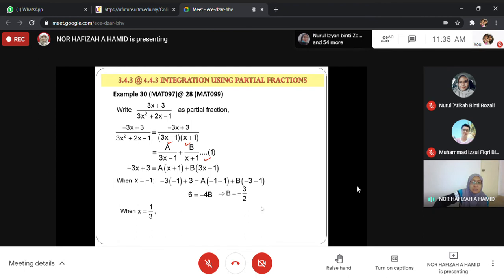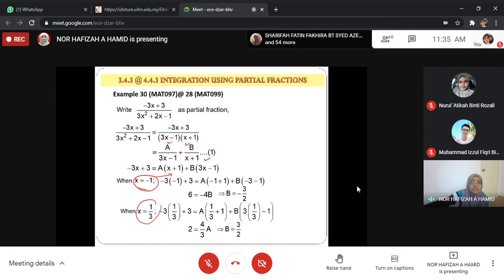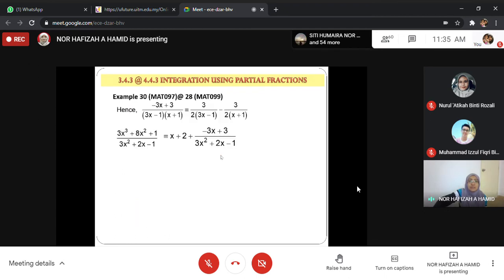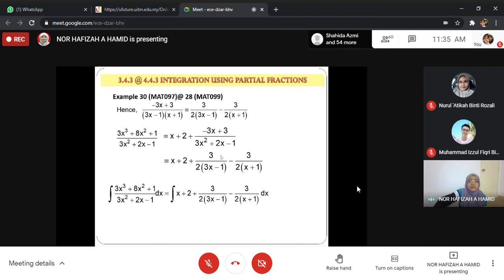And when x equal to 1 over 3, you have B the 3 over 2. So value ni semua comes from the factor. X negative 1 comes from x plus 1. X equal to 1 over 3 ni comes from 3x minus 1. Okay. So you get values A and B. Substitute balik, lepas tu you boleh integrate. Okay. So yang ni semua you boleh refer yang recorded video, example 30 ni.